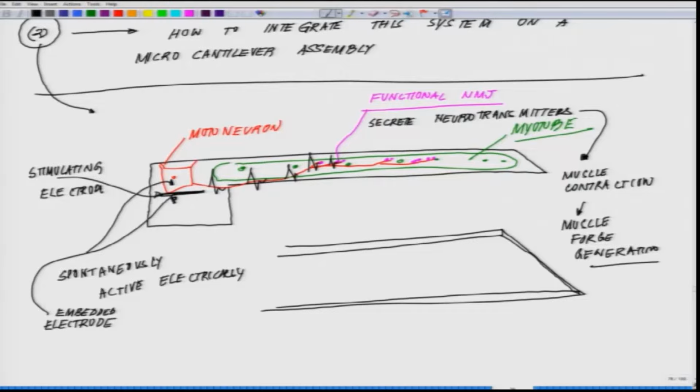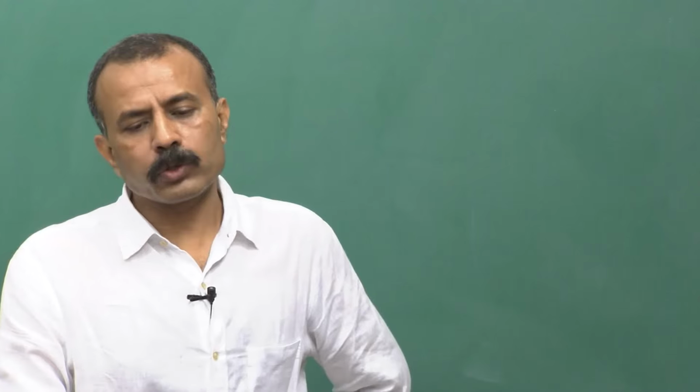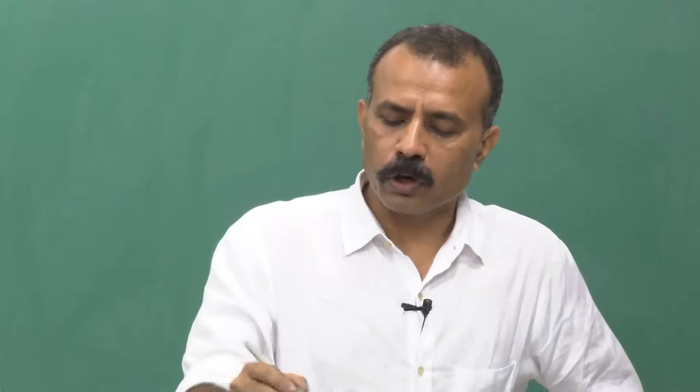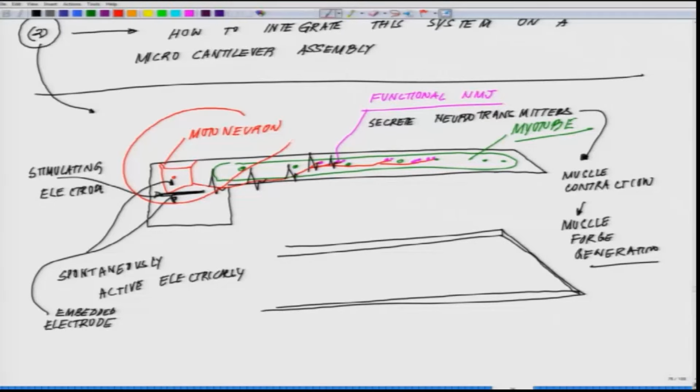So, what you need in such a setup is a common medium which will allow growth of both this motor neuron as well as the myotube, and that was not something really easy.